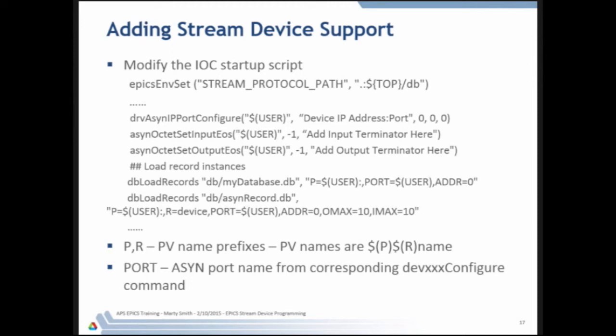And then again, this is where I set my input and output end of strings, and load your databases. And that's pretty much it there. So the port here has to match what you put in for the port of your asyn IP port configure.